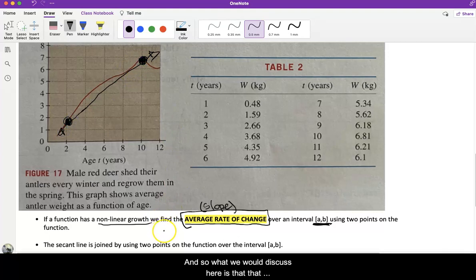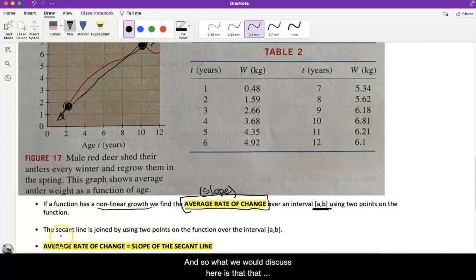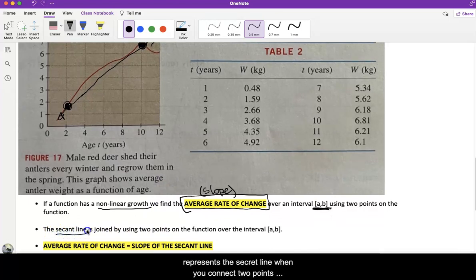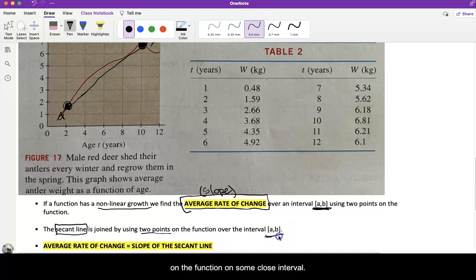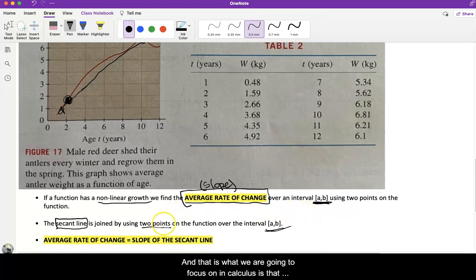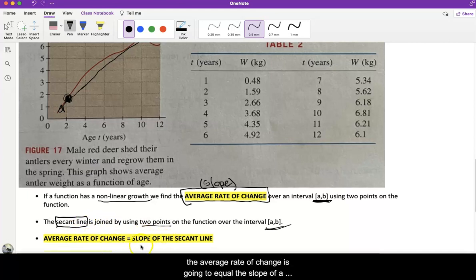And so what we would discuss here is that that represents the secant line when you connect 2 points on the function on some closed interval. And that is what we are going to focus on in calculus, is that the average rate of change is going to equal the slope of a secant line.